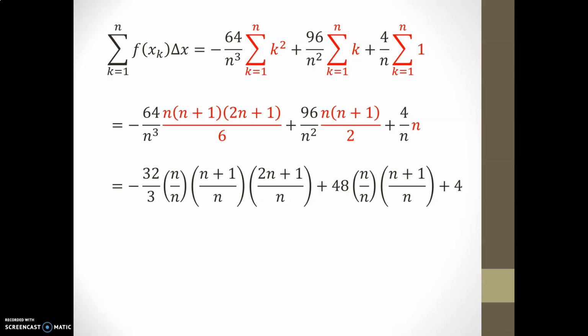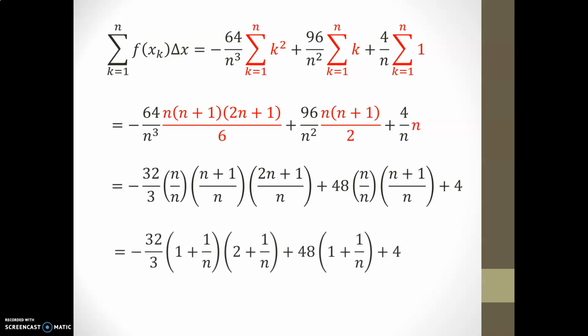So n cubed, I've written as n times n times n, and shared with the numerator's expression, n plus 1, 2n plus 1. I've done the same for the second fraction: n squared I've shared as n times n, and I've associated it with the n and the n plus 1 terms.